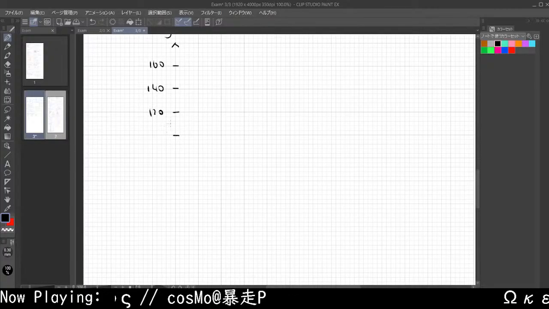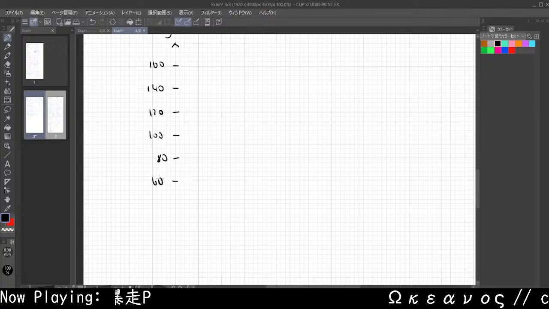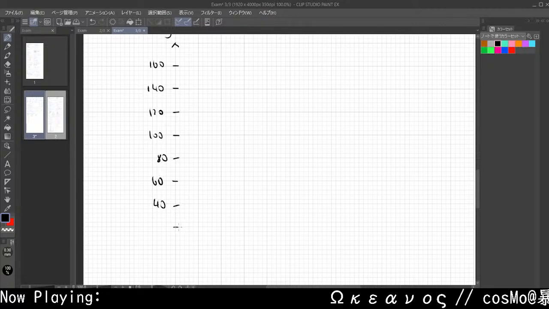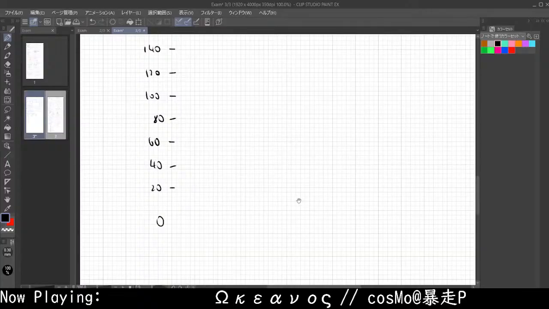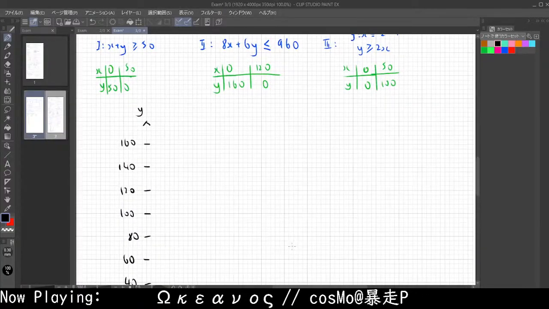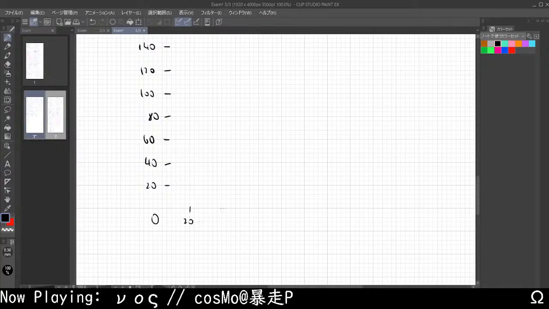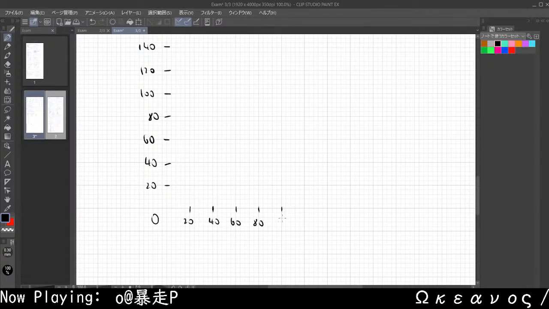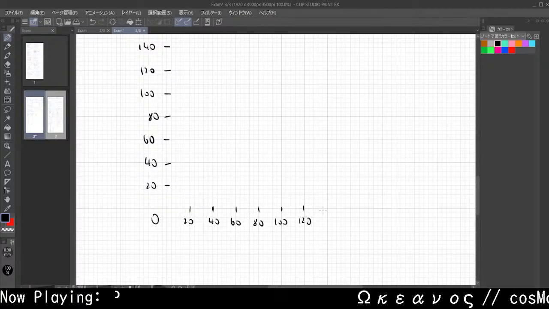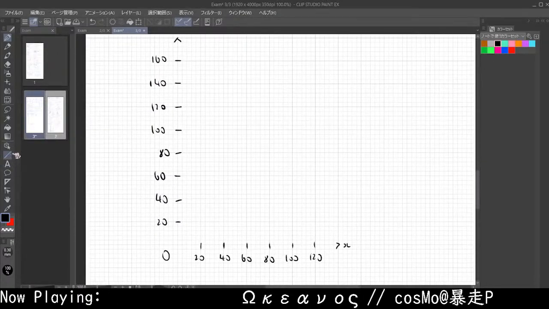It says 2 cm to 20 components. I'm actually running out of time. Let's quickly finish this. Then for x, at most you have until 120. Okay, then you take the line and draw.